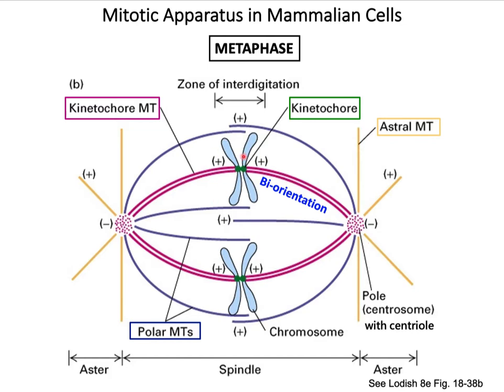So the sister chromatids have to be oriented so that they separate, they move to the opposite poles, and this is known as bi-orientation. And the cell has a certain way to make sure that each sister chromatid pair attaches to the microtubules emanating from opposite spindle poles so that they are bi-oriented before metaphase proceeds into anaphase.